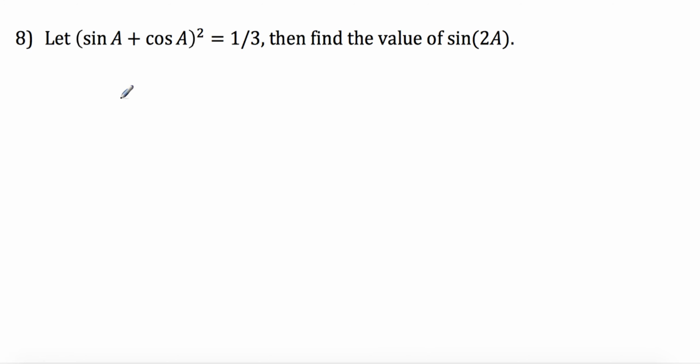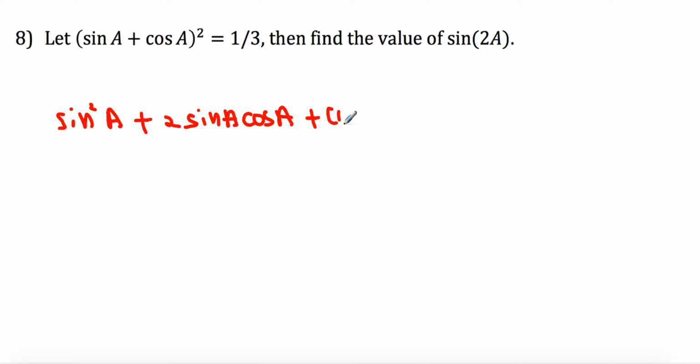How about number 8? When you square this one, we get sine square of A plus 2 sine A cosine of A plus cosine square A is equal to 1/3. I just expanded the left side. But when I combine these two things together, that's equal to 1 plus.